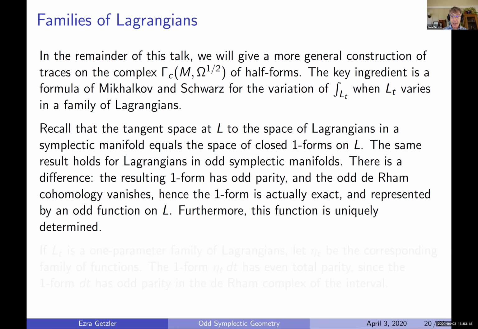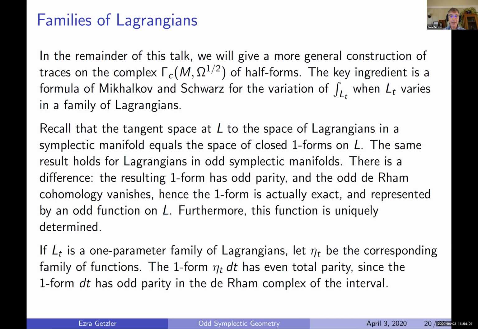And it's represented by an odd function on the Lagrangian. So not only that, but that odd function, in other words, an odd section of the structure sheaf of functions, is also uniquely determined because there's no constant term for odd functions. There are no odd constants. The only constants are the real numbers, and they're definitely even. Okay. So what that means is if I have a one parameter family of Lagrangians in odd symplectic geometry, I get a family of functions on those Lagrangians.